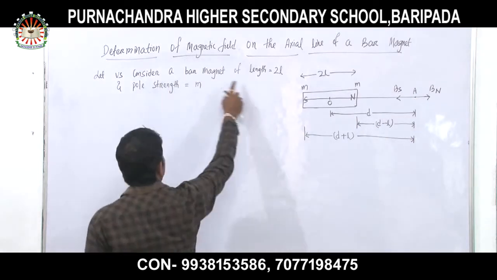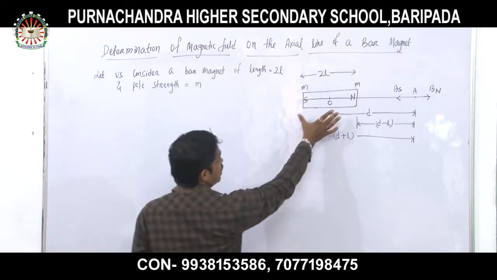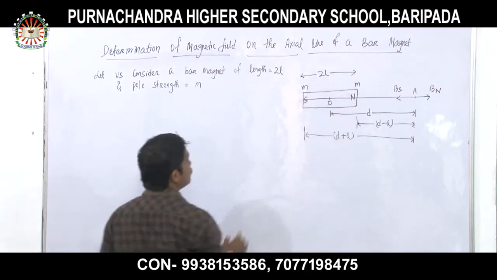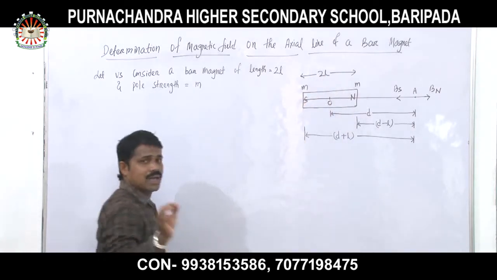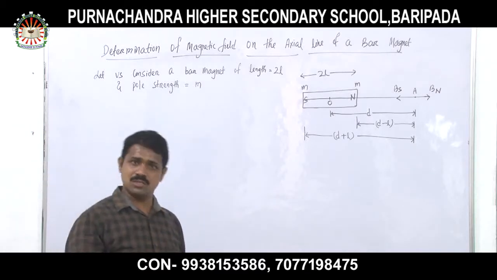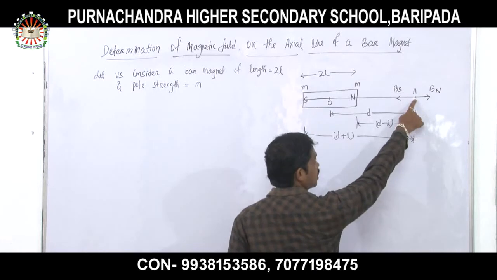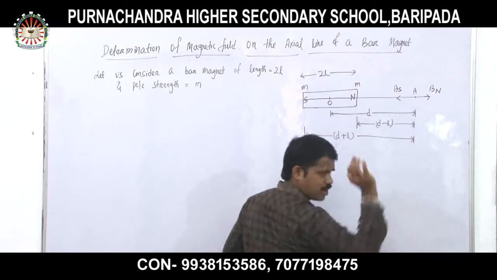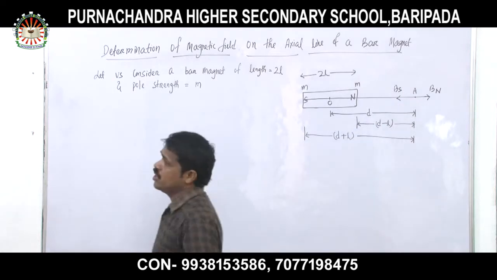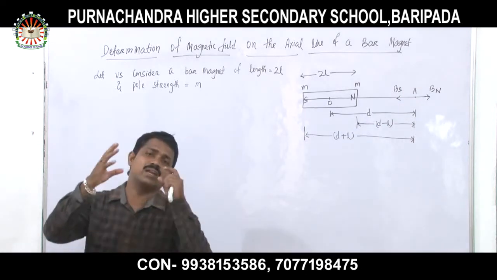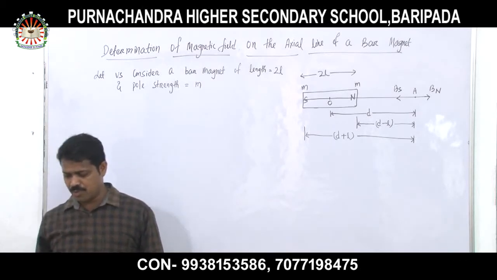We consider a bar magnet whose length is 2L and the pole strength of the bar magnet is M. At this point A, we have to find out the expression of the magnetic field. Clear all of you?